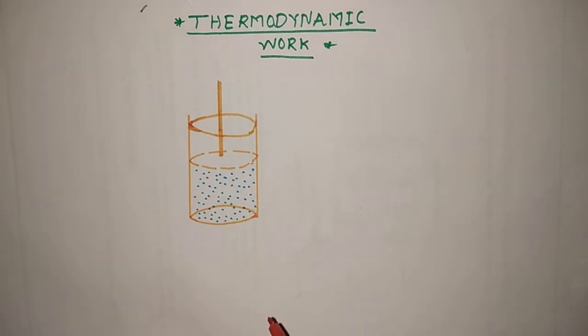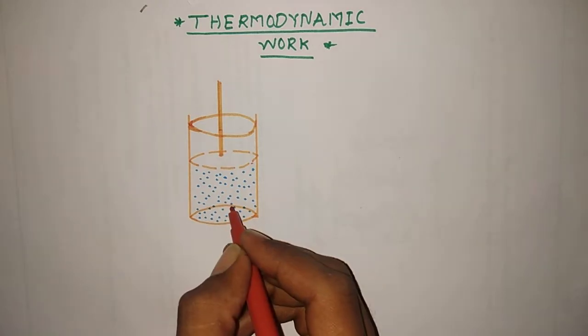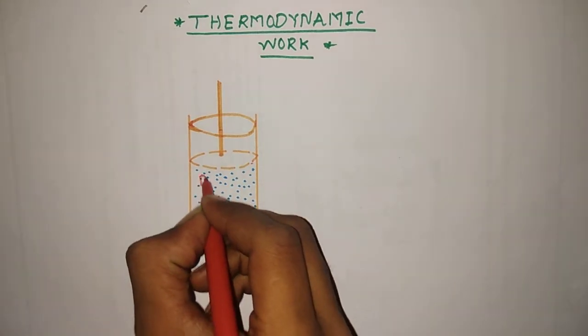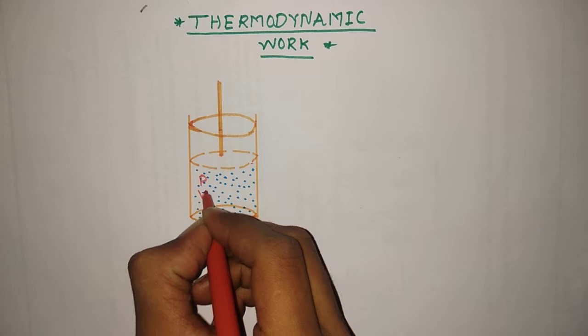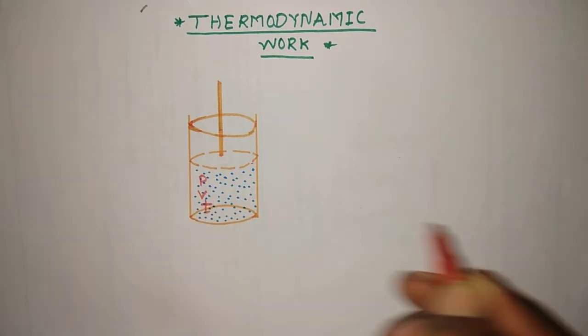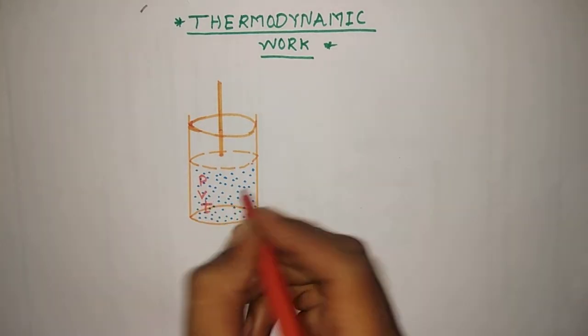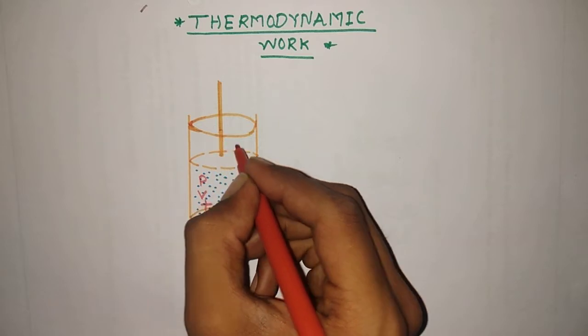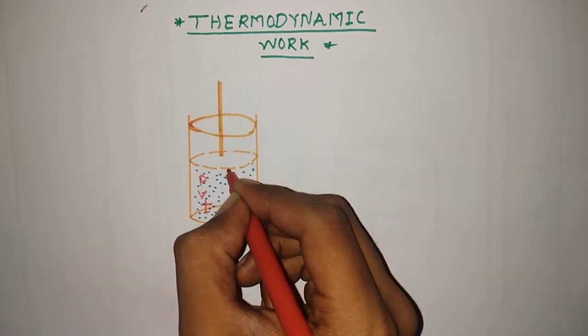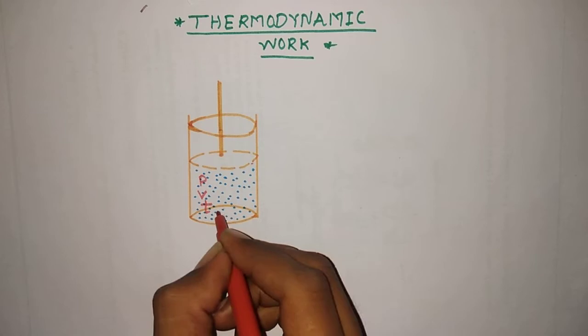Now consider a system having matter present inside it with a pressure of P, volume V and a temperature of T. There is a piston present above the matter which is movable.